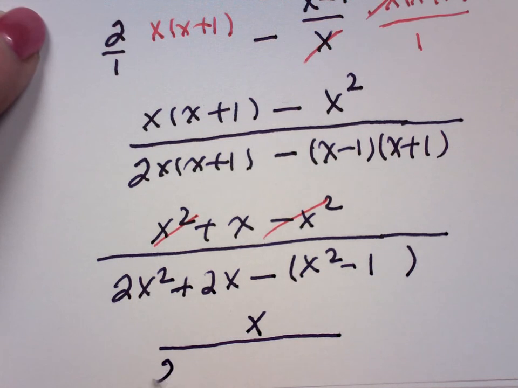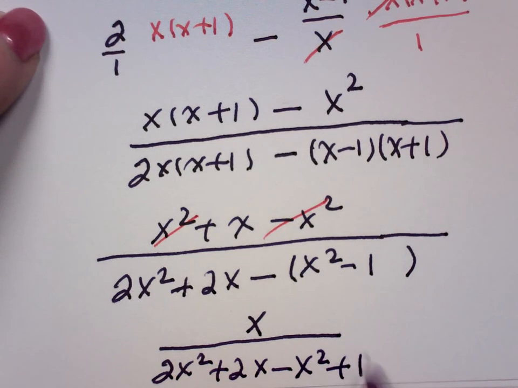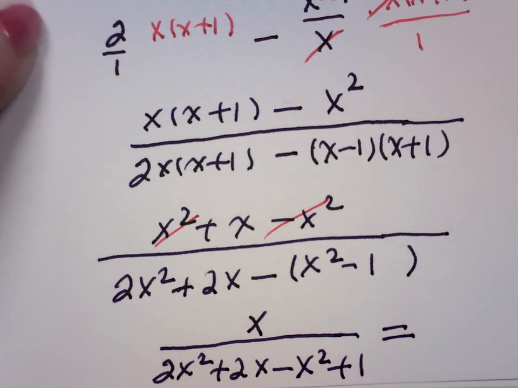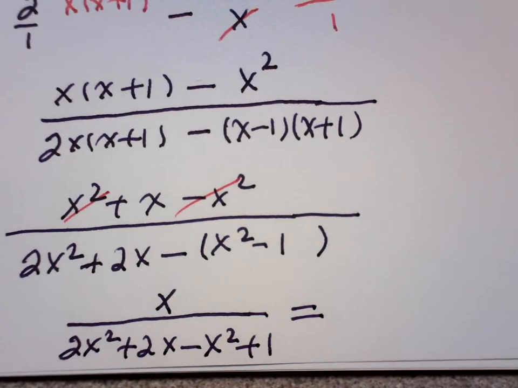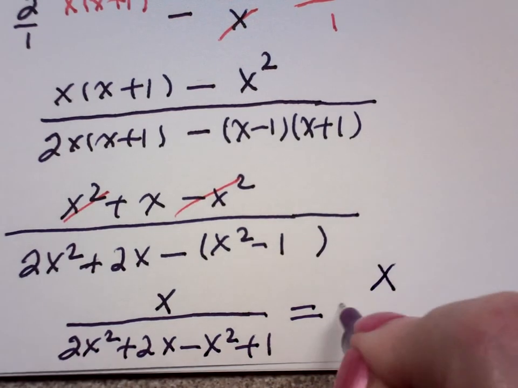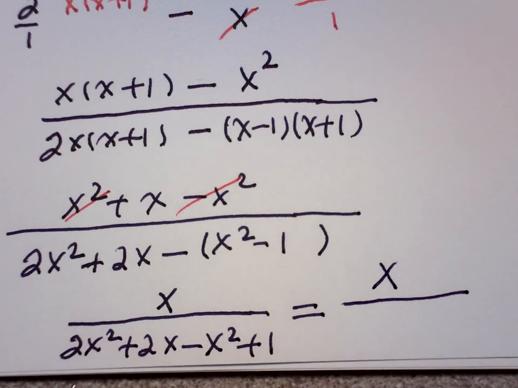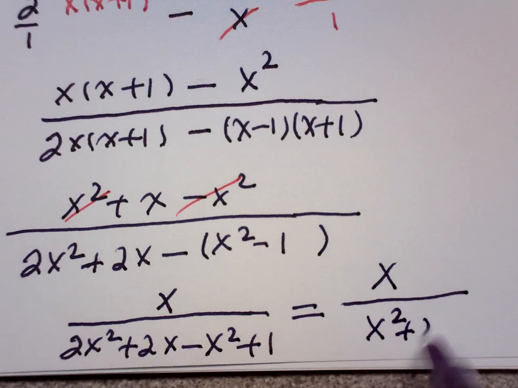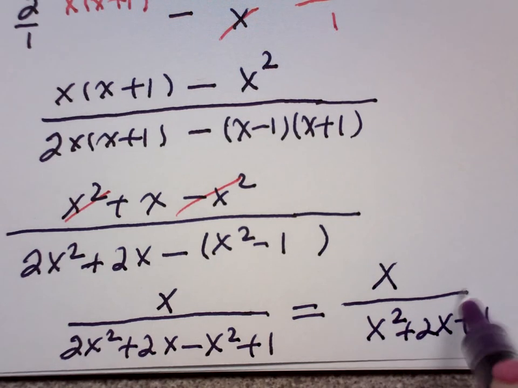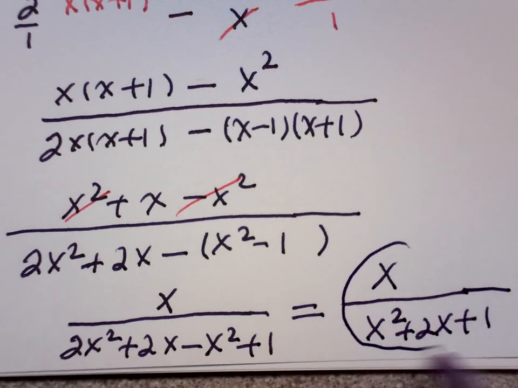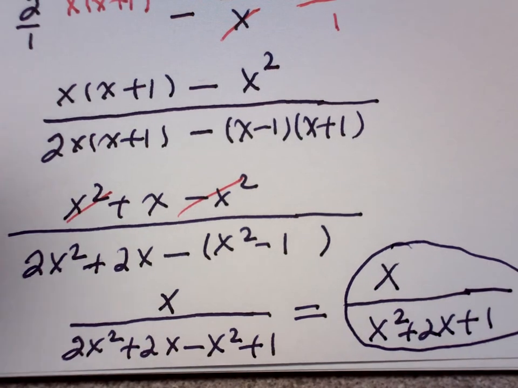This is 2x squared plus 2x minus x squared plus 1. Which is x over 2x squared minus 1x squared is just x squared plus 2x plus 1. And then you could factor that denominator if you wanted to. That's x plus 1, the quantity squared.